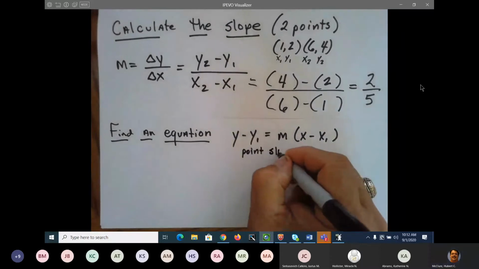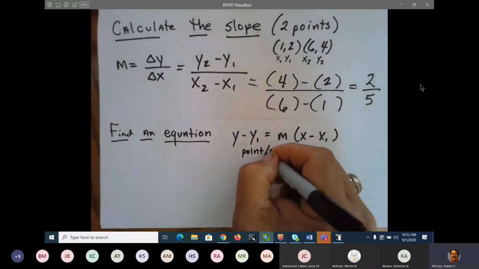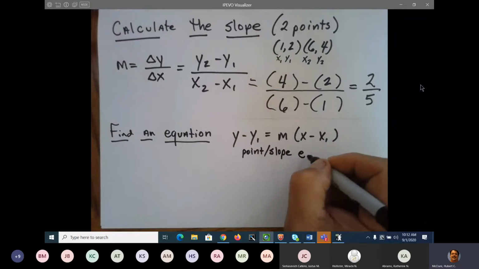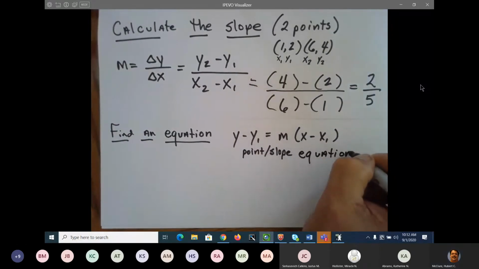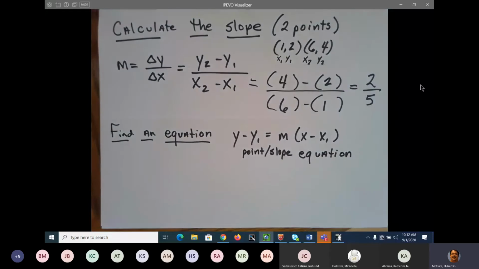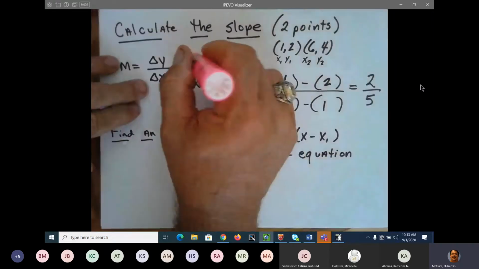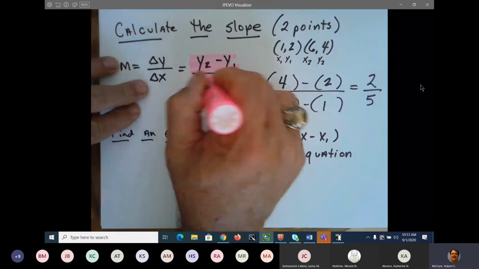Point slope equation. Does anybody know why it's called the point slope equation? Anybody? Now this is not rhetorical. This is where I want y'all to interact with me. Does anybody know why it's called the point slope equation?